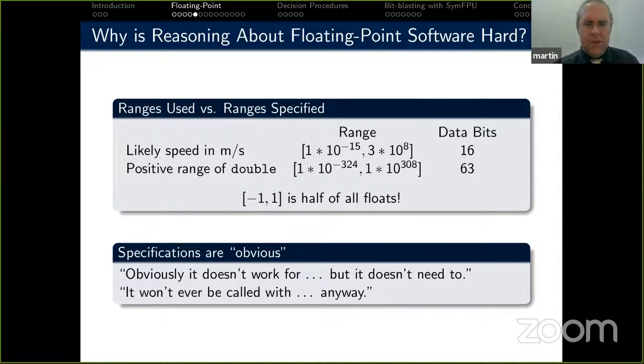A double has 53 significand bits, which means the number of floating point numbers between 1 and 2 is 2 to the 53, which is certainly more people than will have ever lived.